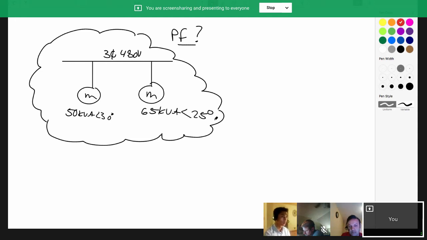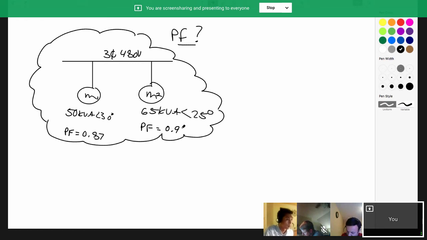How about this? Really quick, just because I'm curious. Who can tell me the power factor of motor 1, the one we just worked? 0.87. Okay. How about motor 2? 0.906.